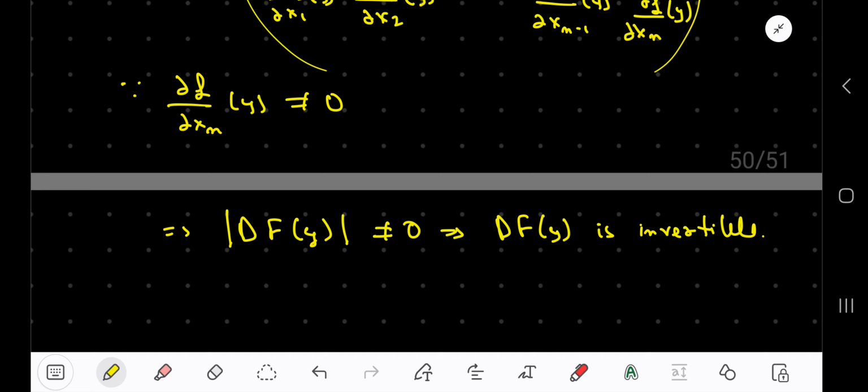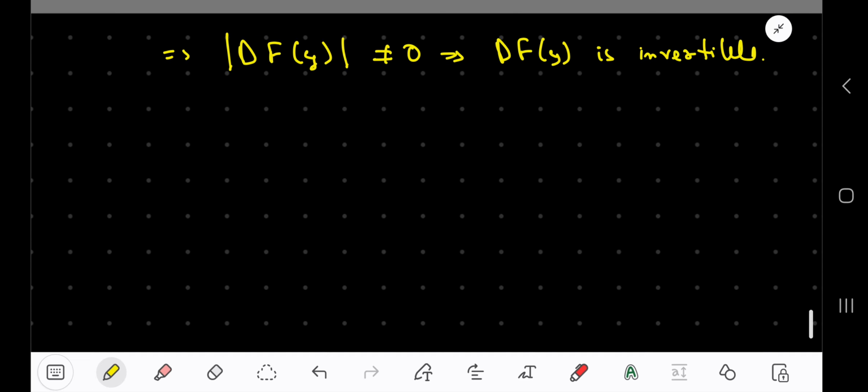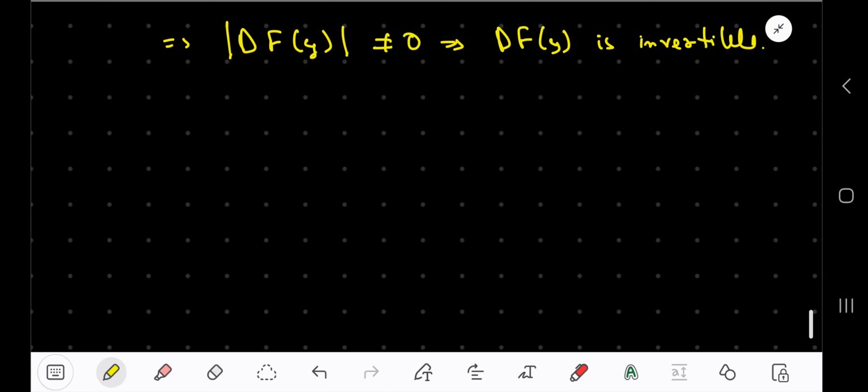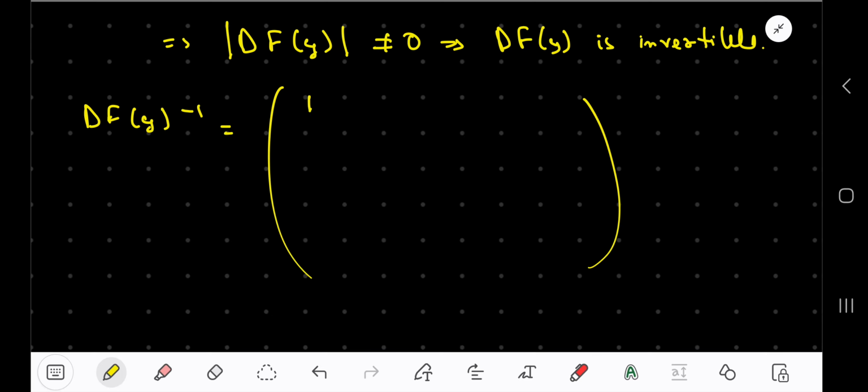Now once this is invertible, we can go for the inverse function theorem immediately. In fact, we can write out the inverse explicitly, which you can verify on your own. All the elements remain as they are. I have 0 1 and so on till 0 here.